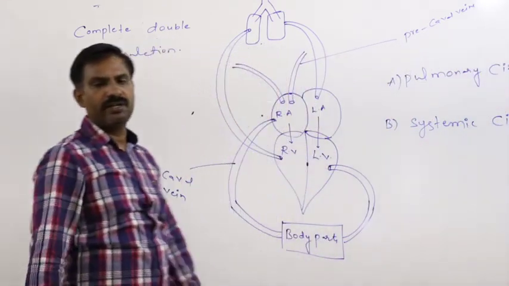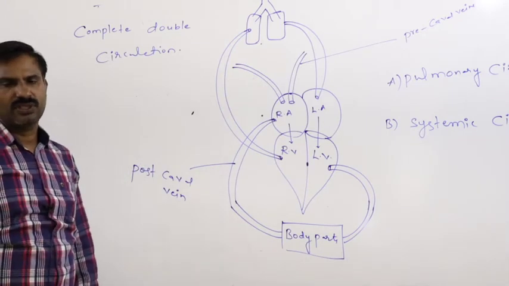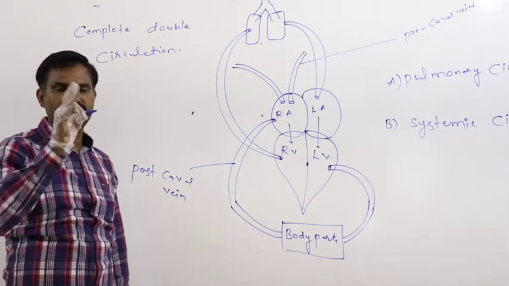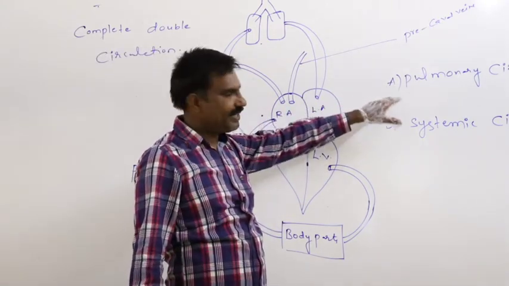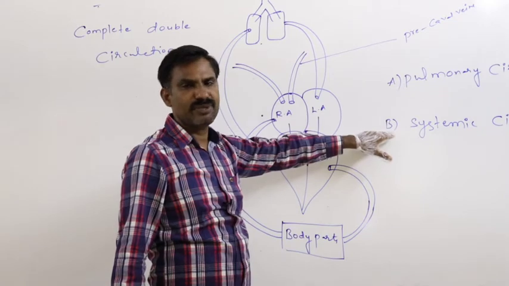Definitely in the complete double circulation, two circulatory pathways appear. One is the pulmonary circulation, second one is the systemic circulation.